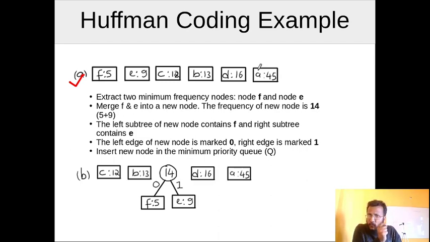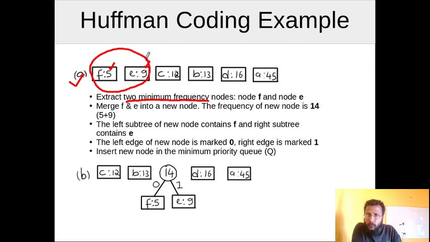Now, step number 2 is very simple: extract the 2 minimum frequencies from this priority queue. The 2 minimum, first one is 5, second one is 9. Out of these 2 nodes, I need to create one node.